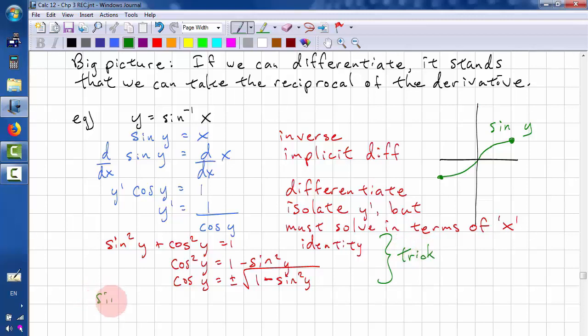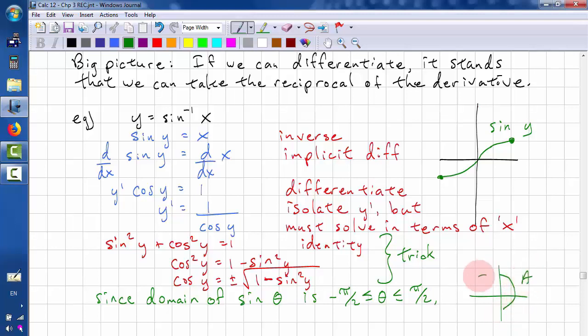And we have to reason out, since the domain of inverse sine is negative pi over 2 to pi over 2, that means the domain is here. And we have all students take calculus, so cosine is positive in these two quadrants. That means we can eliminate the negative sign. So cos y equals the square root of 1 minus sine squared y.